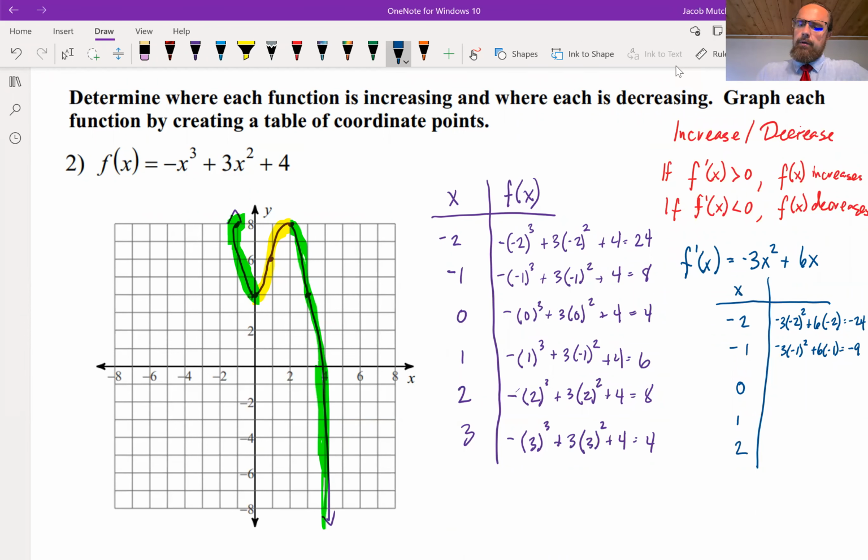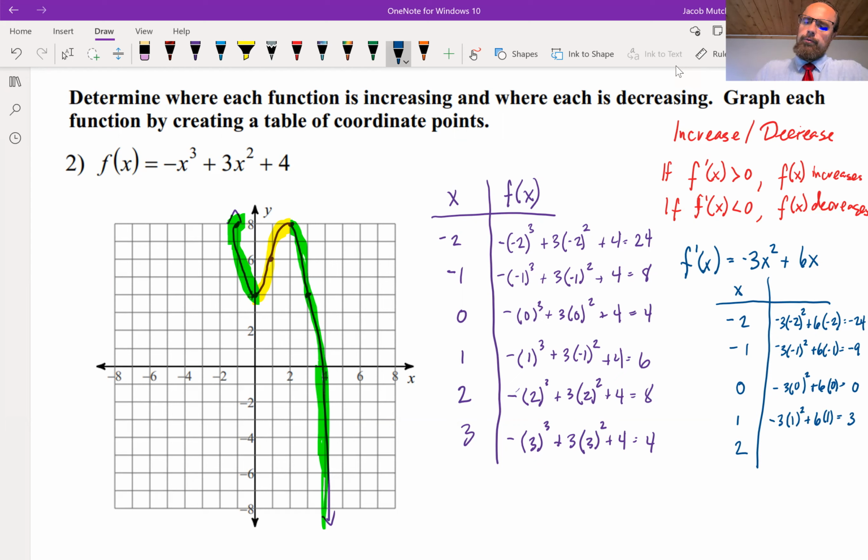And then at 0, both of those terms are going to cancel out because they both multiply by 0. So that actually is going to hit the x-axis right at the origin. And then at 1, the function is going to become positive. So that negative 3 plus 6 is 3.